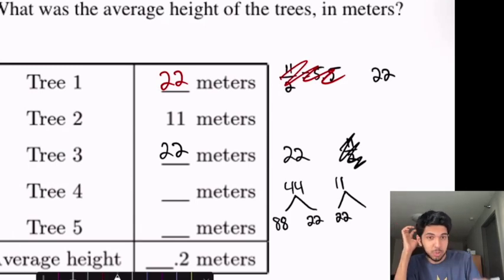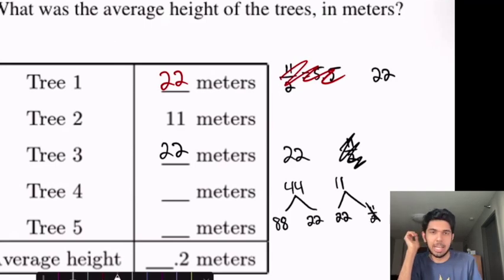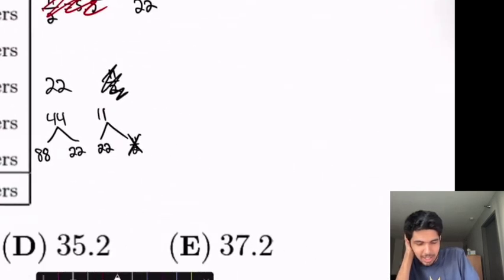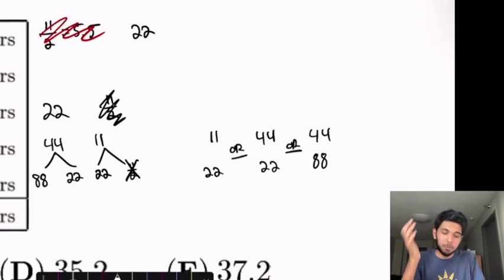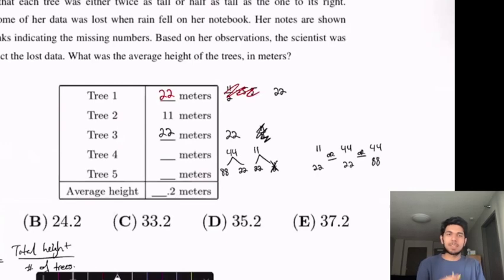And if it was twice as tall as tree 5, then it would be 11 halves, but that just can't happen. So we have three cases to consider. Either it's 11, 22, or 44, 22, or 44, 88. One of these three hopefully is the correct answer.